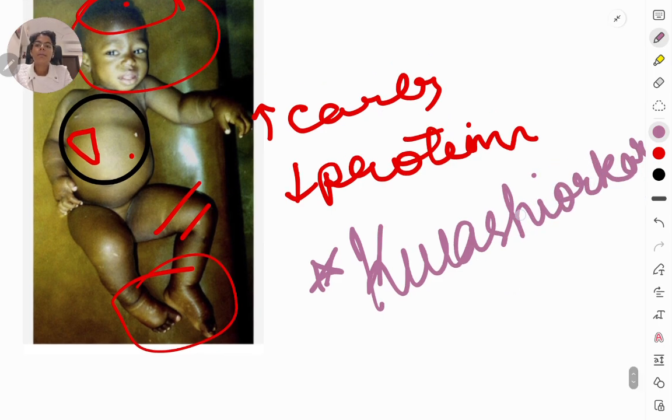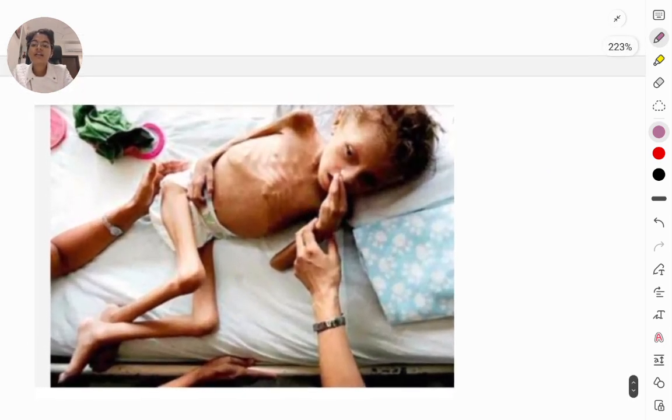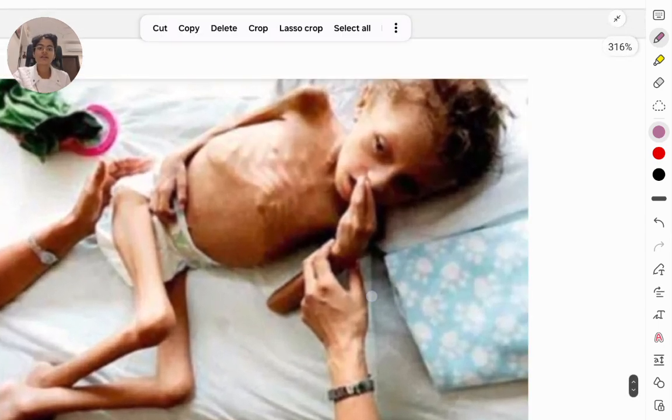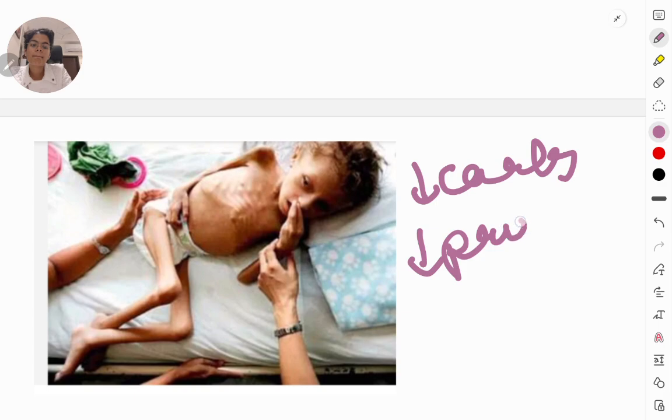Clear? But if we see this next case, how is the condition of the child, how thin and lean he is. You can see the ribs even. He has low carbs as well as low protein. And there is retarded growth.